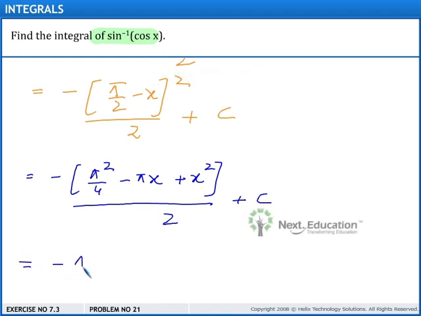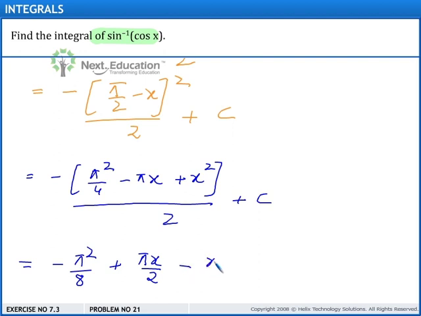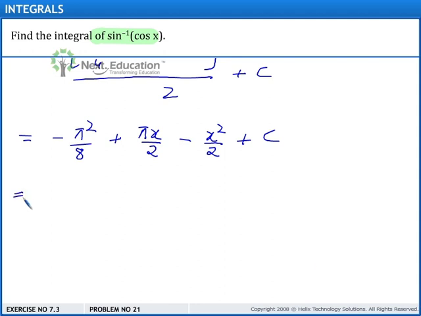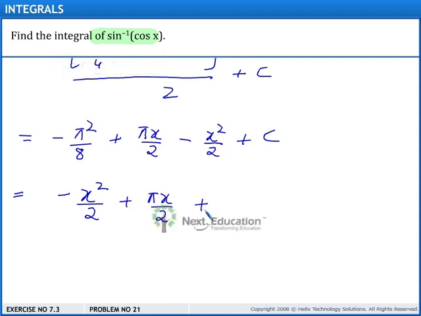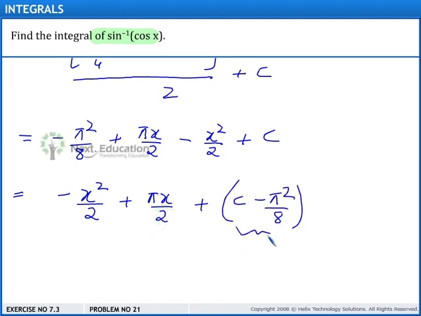This is equal to minus pi square divided by 8 plus pi x divided by 2 minus x square divided by 2 plus the constant, and this is equal to minus x square divided by 2 plus pi x divided by 2 plus c minus pi square divided by 8. We have rearranged the terms and these two terms are constant, therefore taking them as C1, this can be written as minus x square divided by 2 plus pi x divided by 2 plus the constant C1.